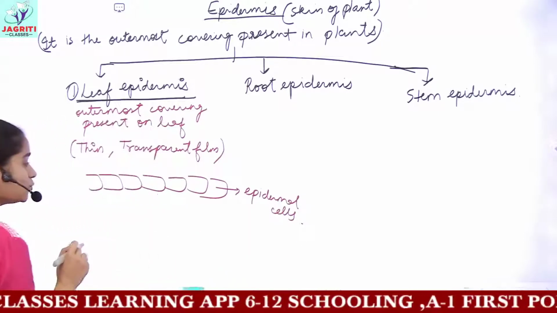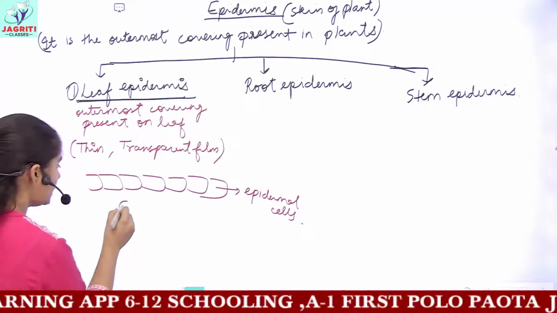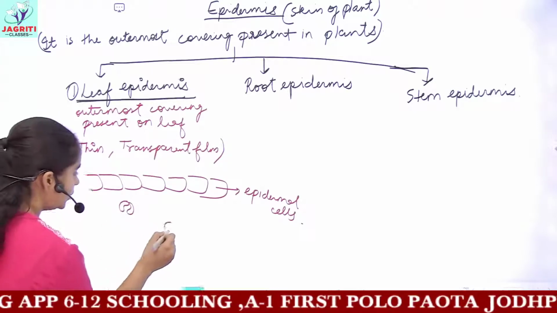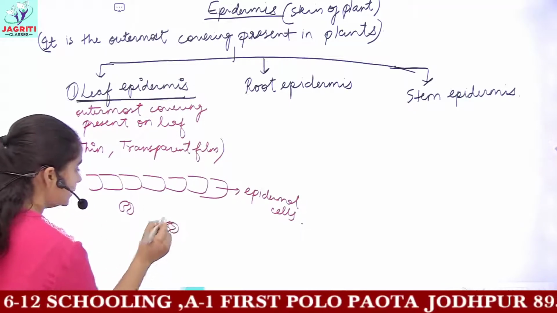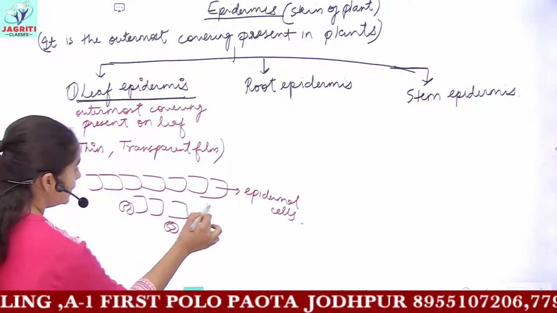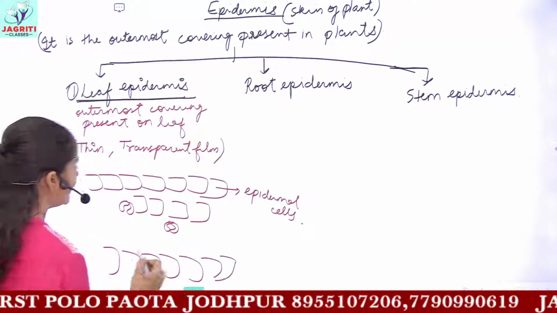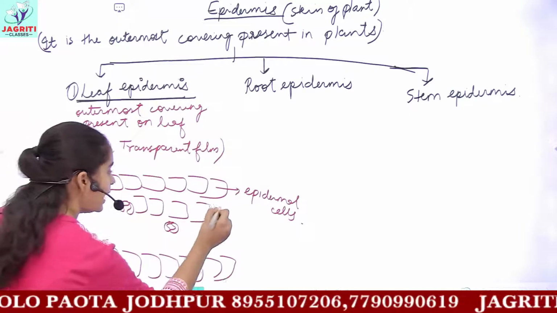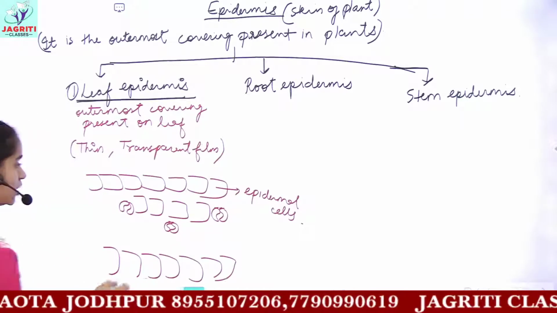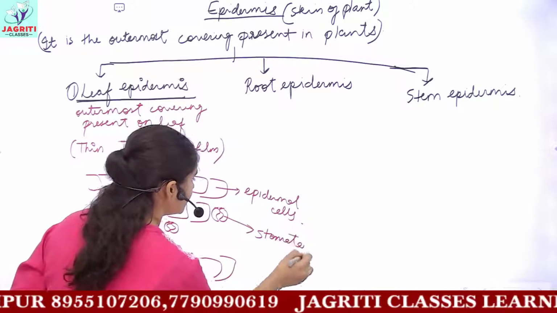Then, in between these cells, you have certain bean-shaped or kidney-shaped structures. These are called stomata. So we have many epidermal cells, and you have these kidney-shaped structures which are known as stomata.